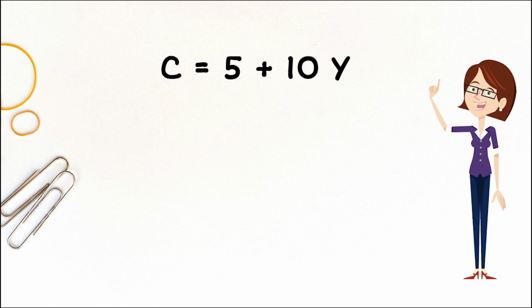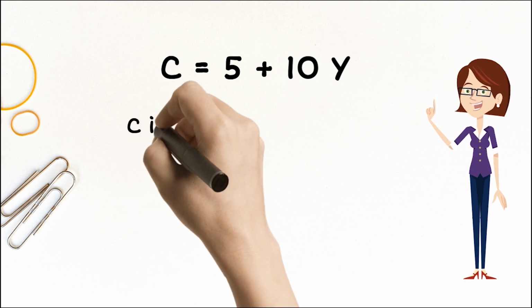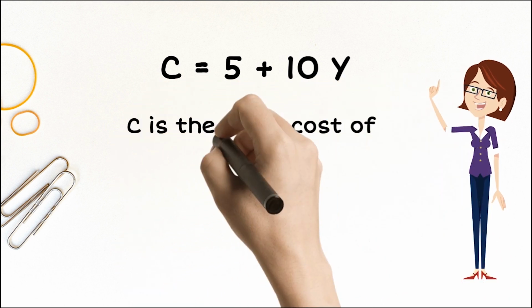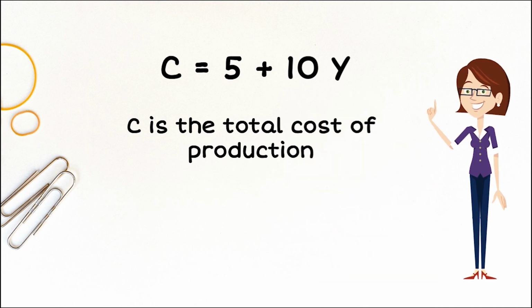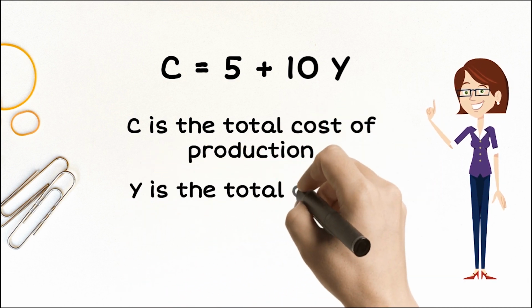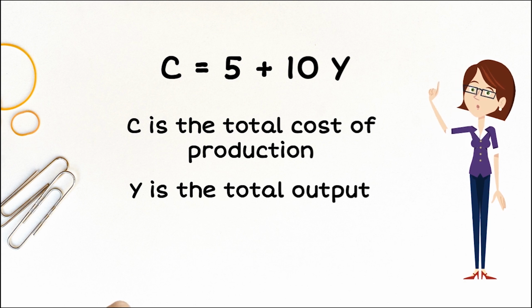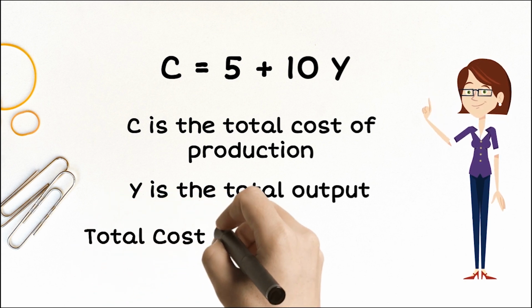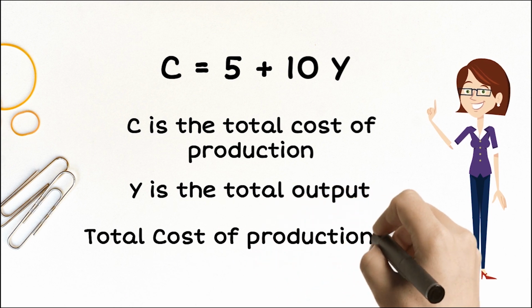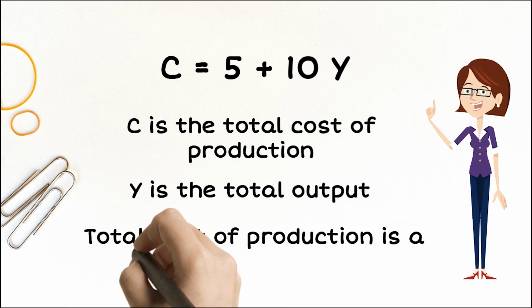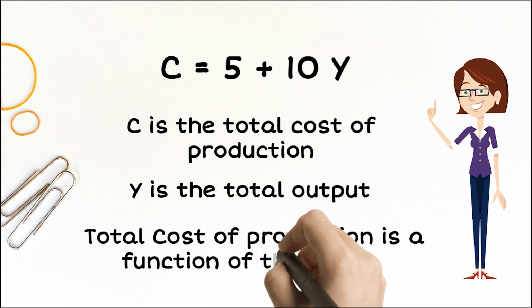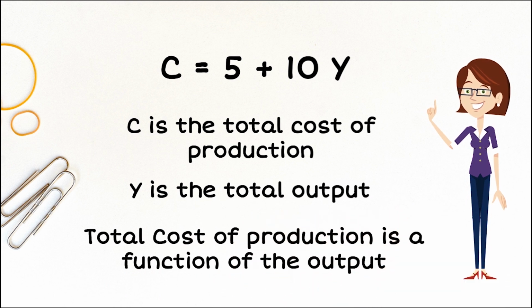This is a hypothetical example where C is the total cost and is dependent, and Y is the total output and is independent. Since for every single value of Y there is a unique value for C, the total cost of production may be considered as a function of the total output.